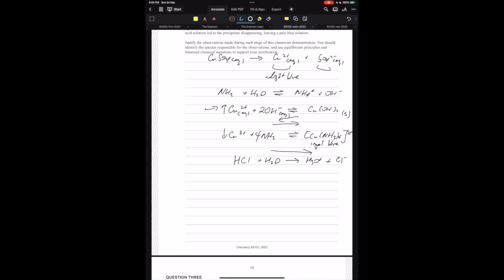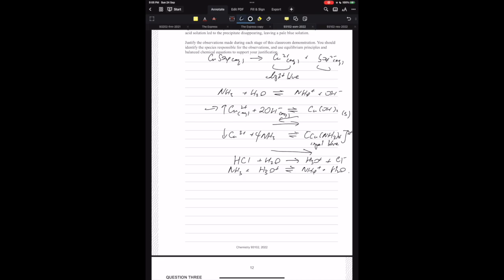And so the solution has become acidic. And because the solution has become acidic, any NH3 which is in the solution would react with the hydronium ions in equilibrium to form NH4 plus and water. So basically the NH3 has neutralized the HCl, and it's been converted into ammonium, NH4 plus.